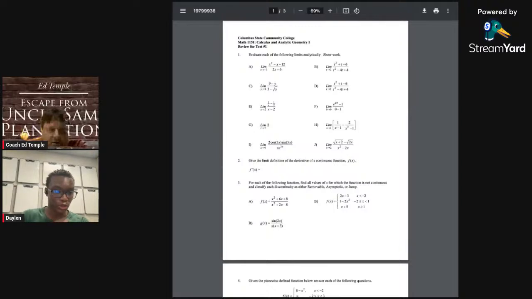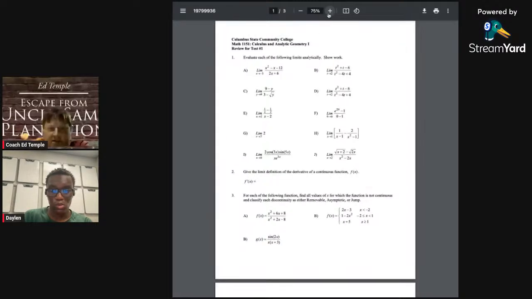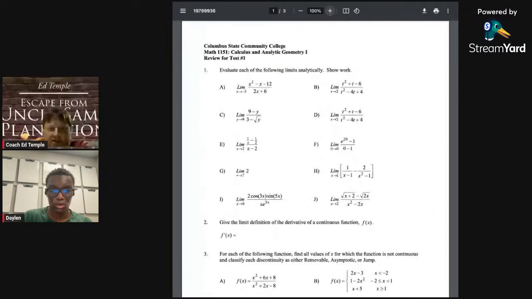All right, so now let me see if I can zoom in on that because I can barely see it. It says exit to full screen. Let me see. Okay, I just clicked on it. Maybe it'll.